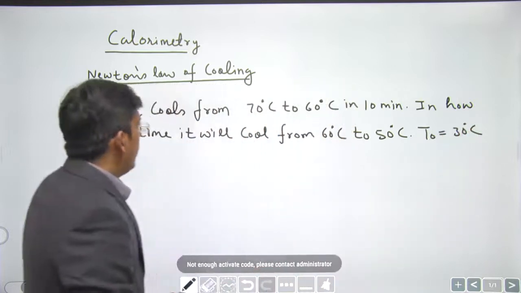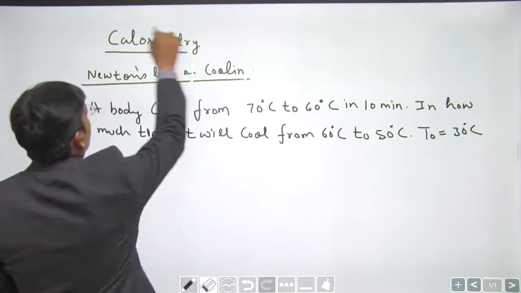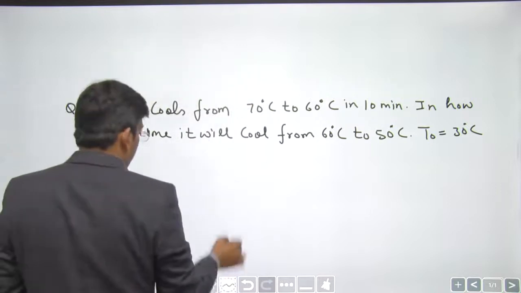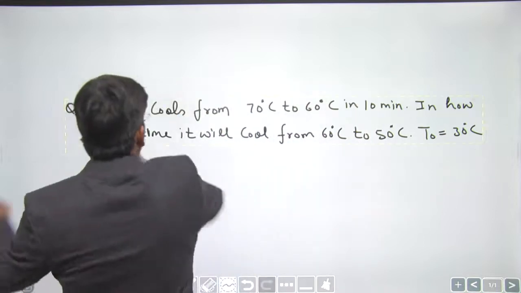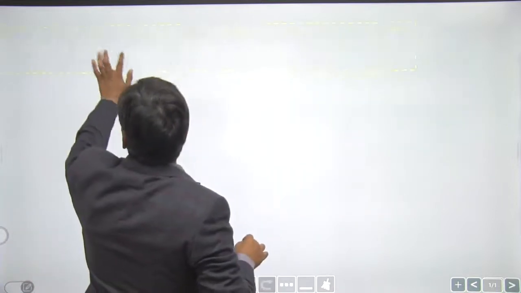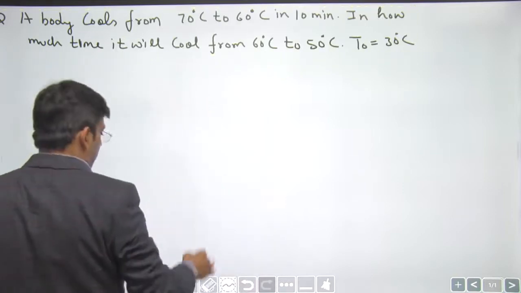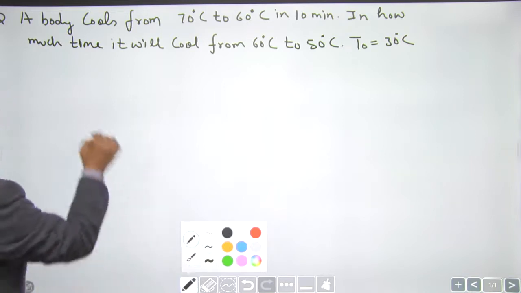Okay, see, let us use an approximate formula. Okay, we are doing Newton's law of cooling. Let me erase the heading. So a body cools from 70 degrees Celsius to 60 degrees Celsius in 10 minutes, right?